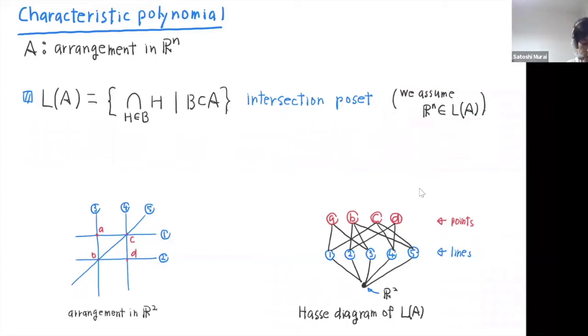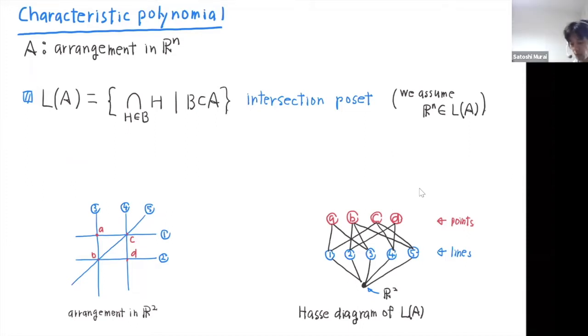So in this case, the intersection poset consists of these 5 lines, these 4 points, and the whole space R2. This is a poset with respect to inclusion. But when we consider the intersection poset, we order the elements by reverse inclusion.